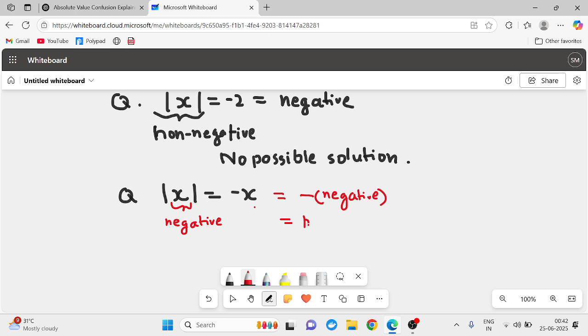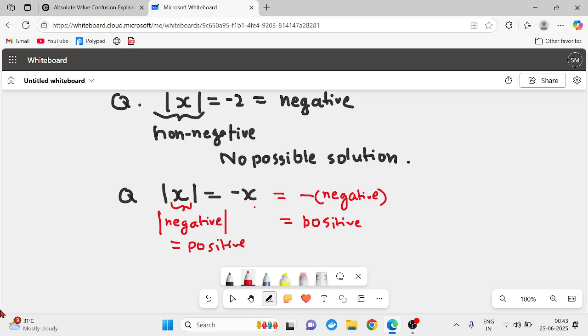A positive quantity. Now the mod of a negative also will be positive on this side. So both can be possible. We have this bias that we always feel that mod of x equal to minus x is not possible.